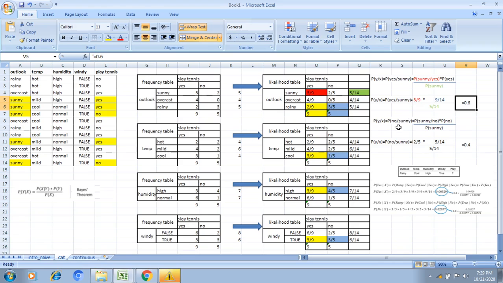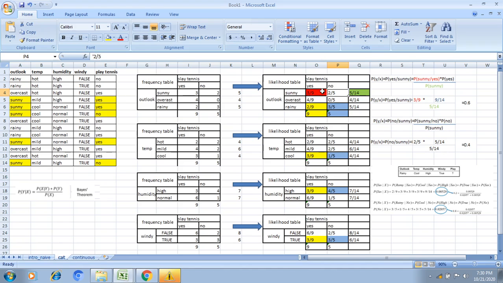Okay, in a similar way I need to calculate for the no. For the no probability also I need to calculate, right? That's why probability of no given sunny, probability of sunny given no, and probability of no divided by probability of sunny. In a similar way I just expanded our equation like this. And probability of sunny given no, this is my 2 by 5. How do we know?